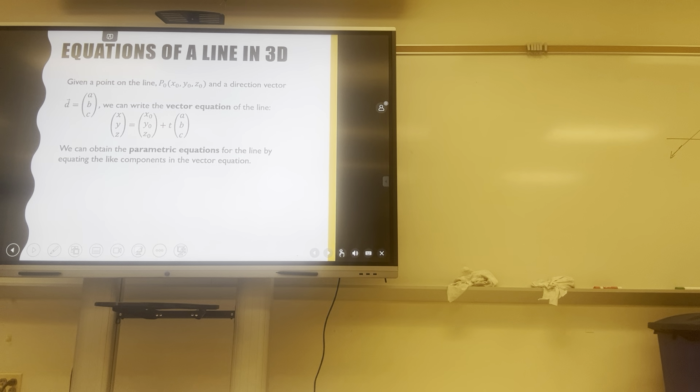Now, parametric form you guys have actually seen in this class already. Do you remember in the matrix unit when we were finding solutions to systems of equations, and you had the infinite solutions case, like you do row operations, you get row echelon form, and you get infinite solutions? How did the matrix look to tell you there's infinite solutions to the system? What's the bottom row? All zeros, right?